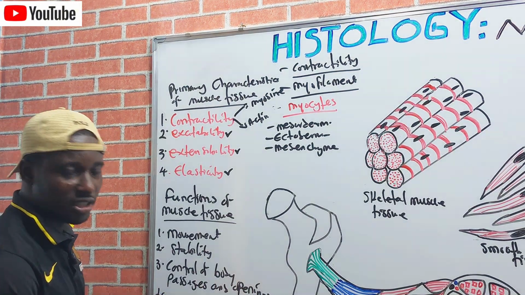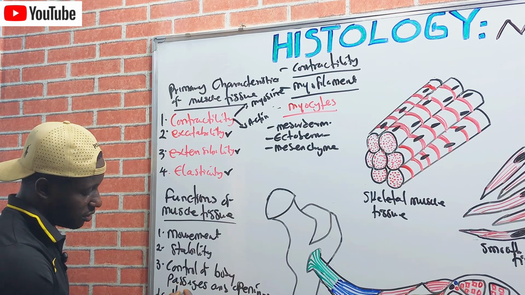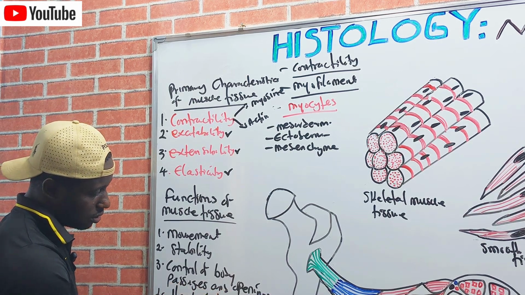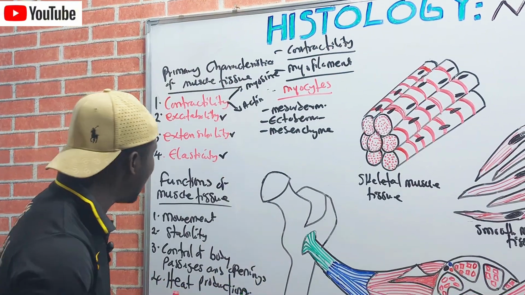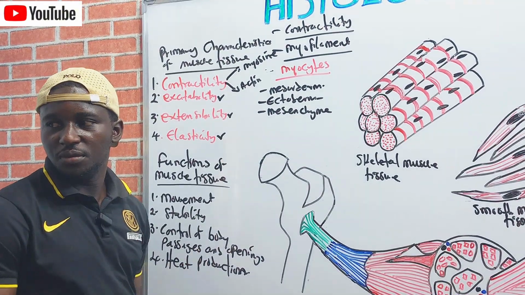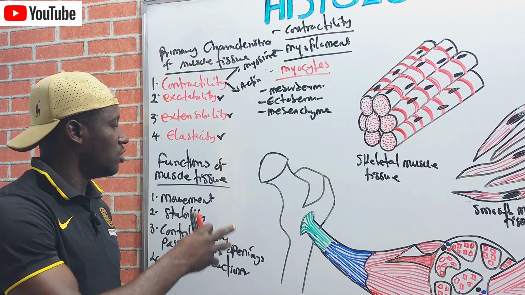Number four is heat production. Now, these are the functions of the muscle tissue.